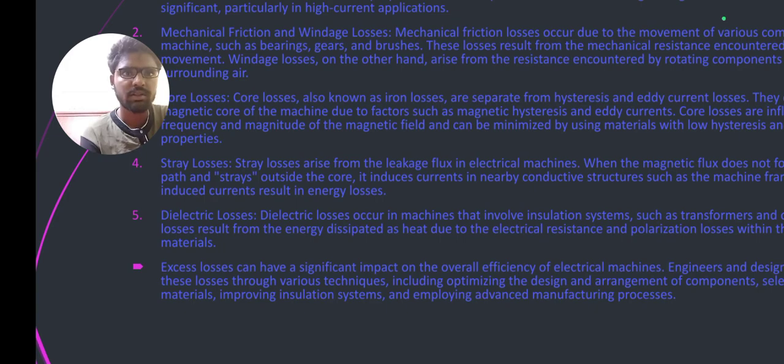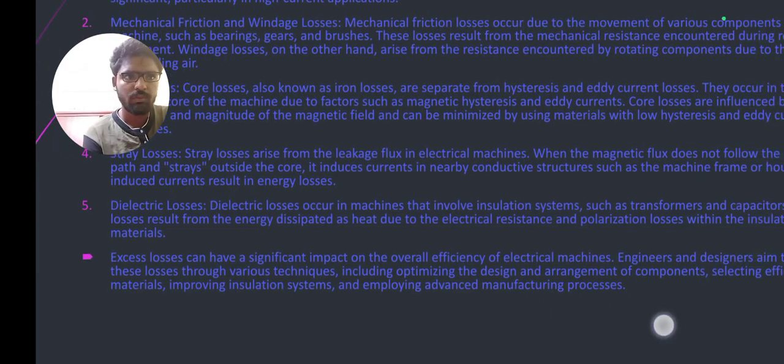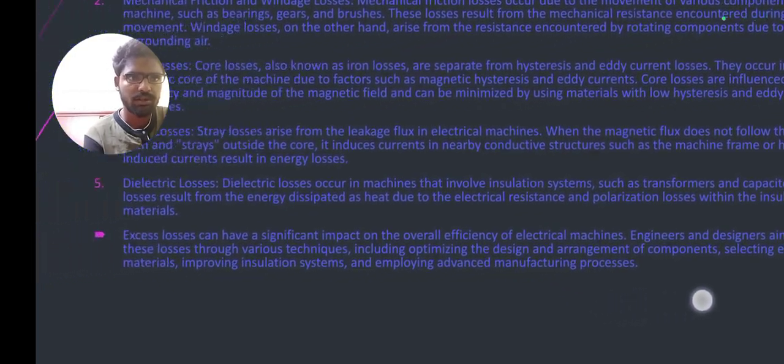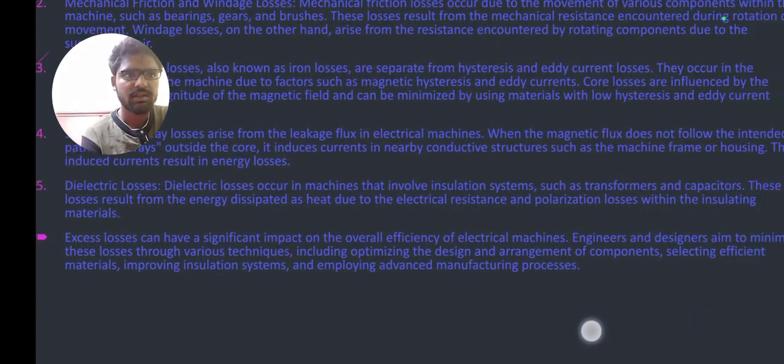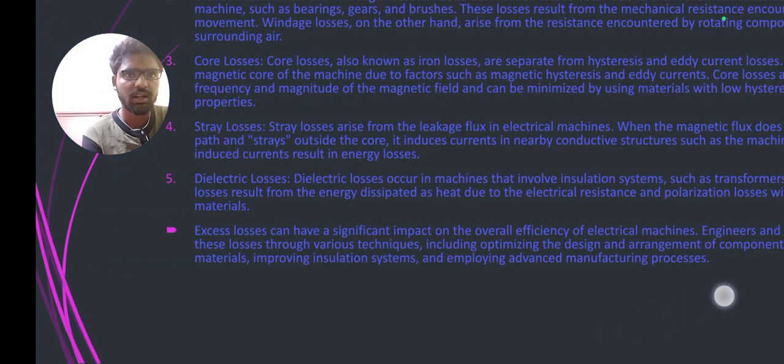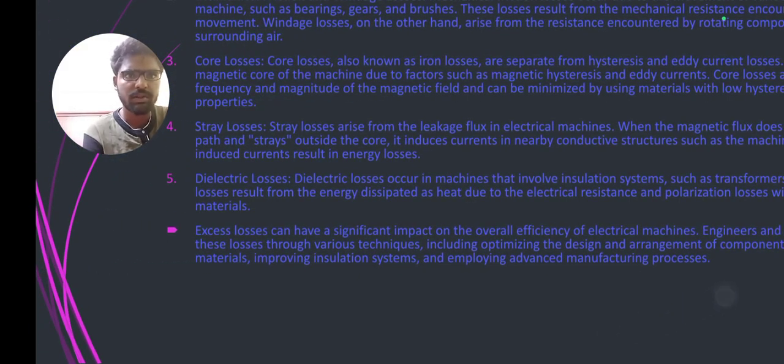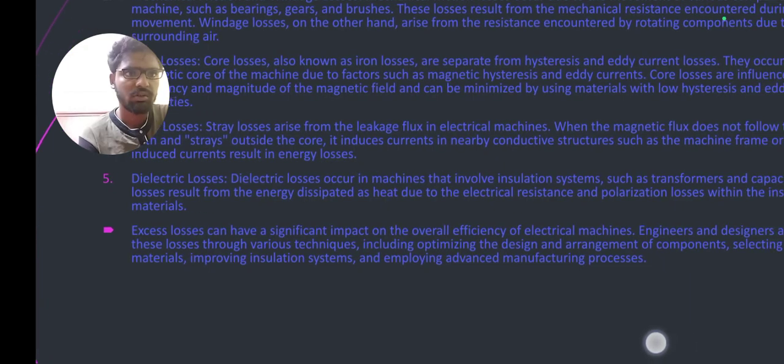Mechanical friction and windage losses. Mechanical friction losses are due to the movement of various components within the machine. Core losses, also known as iron losses, are separate from hysteresis and eddy current losses. They occur in the magnetic core of a machine due to factors such as magnetic hysteresis and eddy currents.